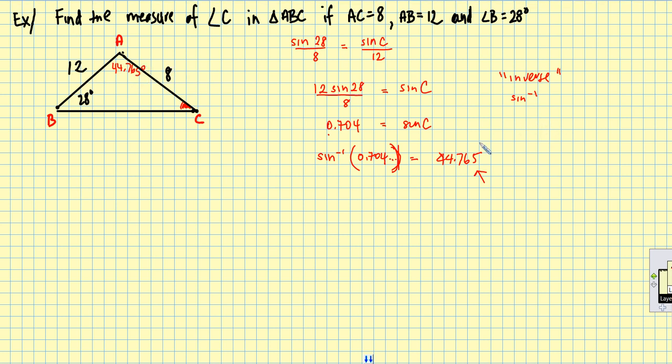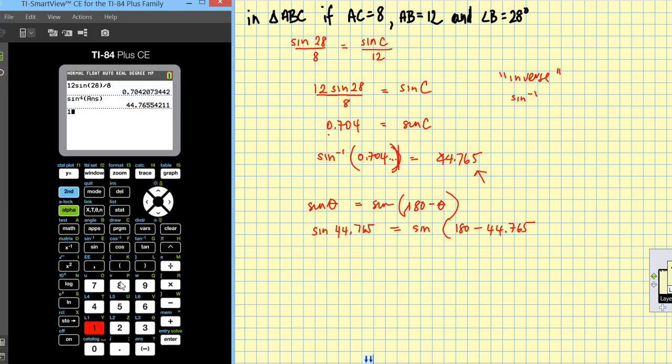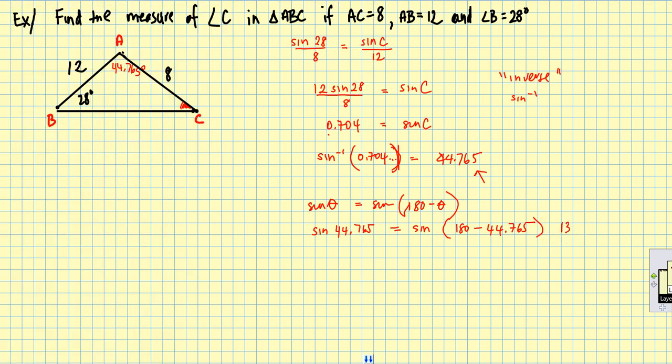All right, so I know that the acute angle here is 44.765 degrees. But if I follow the rule that sine theta has to equal the sine of 180 minus theta, what that means is that the sine of 44.765 has to equal the sine of 180 minus 44.765, so my angle as an obtuse angle would have to be 180 minus 44.765, and we would end up getting 135.235.